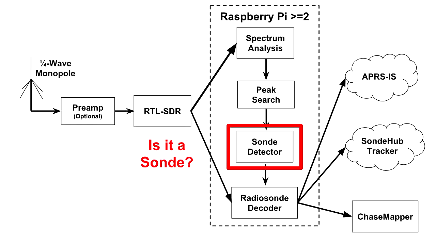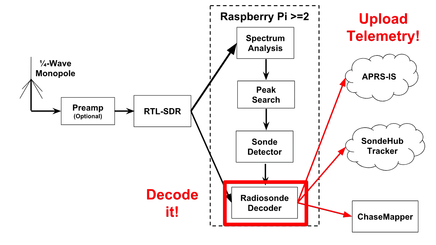So it cross-correlates with a set of known headers. If we get a good correlation score, we've found a radiosonde. Once we've found it, we start decoding it. So we set up the appropriate demodulator and we start producing telemetry. This is logged to disk, but we can also export it to a range of mapping services on the web, such as the amateur radio packet reporting system, SondeHub, and other mapping systems that we've written ourselves.